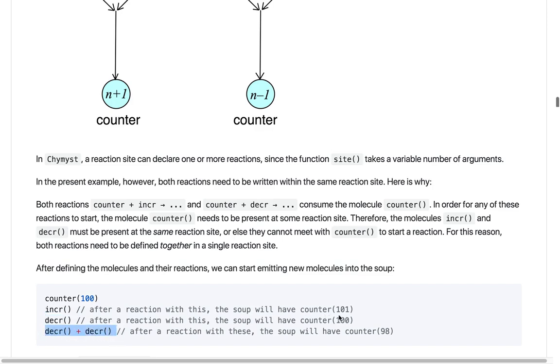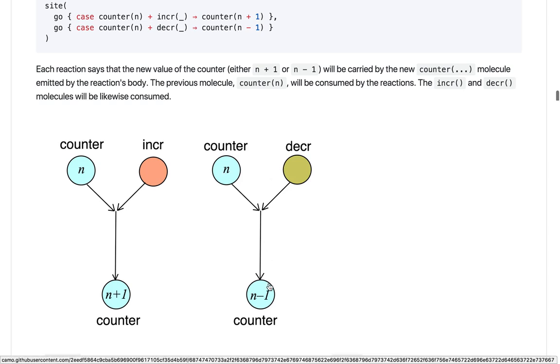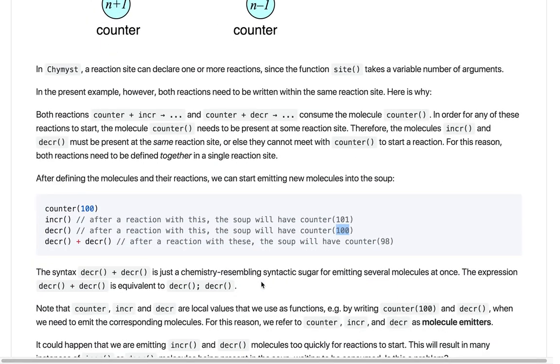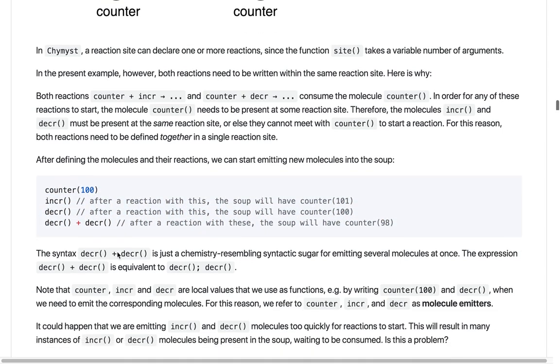So it will react with each of them one by one, because there's only one counter molecule, so it can only react with one decrement molecule at a time. And so, one by one, they will emit new counter molecules, and eventually you will have this counter molecule with value 98. That will be the result of running this program after some time.